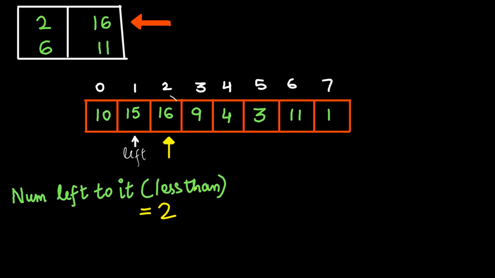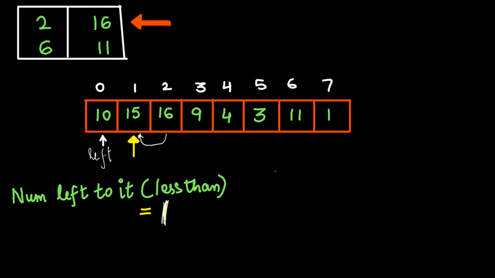So with respect to 16, first I'll check whether the numbers on the left are all less than it, and here I'll be keeping the index. If the number on the left is less than it, the index will keep on decreasing. Now my arrow is on the second index. Here I'll check whether 15 is less than 16. Yes, so it will shift to the left and my index will be 1.